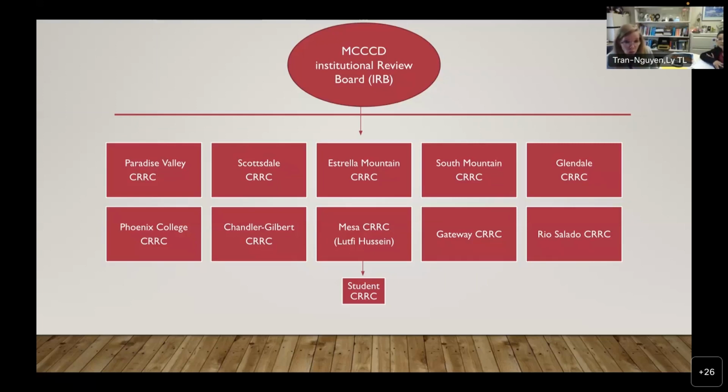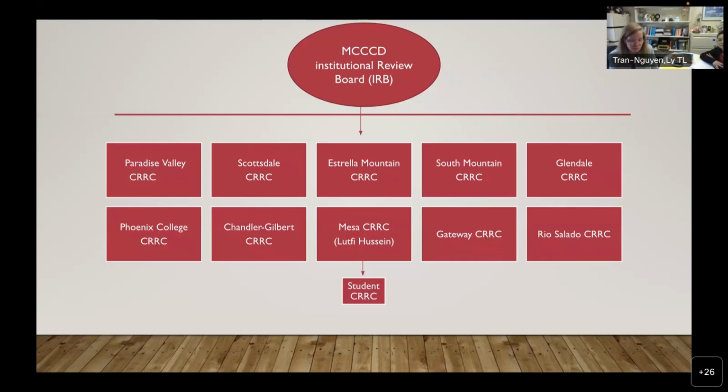So the IRB, or Institutional Review Board, is housed at the district, and it's the main mechanism for providing oversight into ethical treatment of human participants in research. And it's kind of the mothership. Lutfi Hussein from English at MCC is the chair, and the administrator's name is Cindy Almendarez.